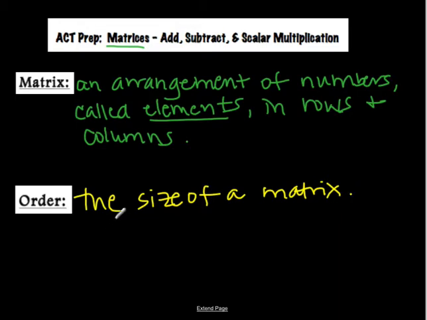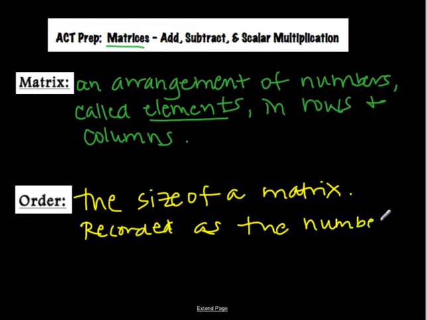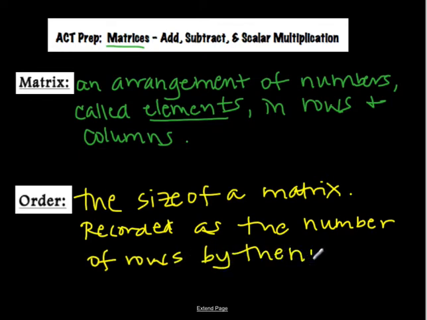And this is recorded, the way we write it down, as the number of rows by the number of columns. Okay. So that's what matrix and order are.